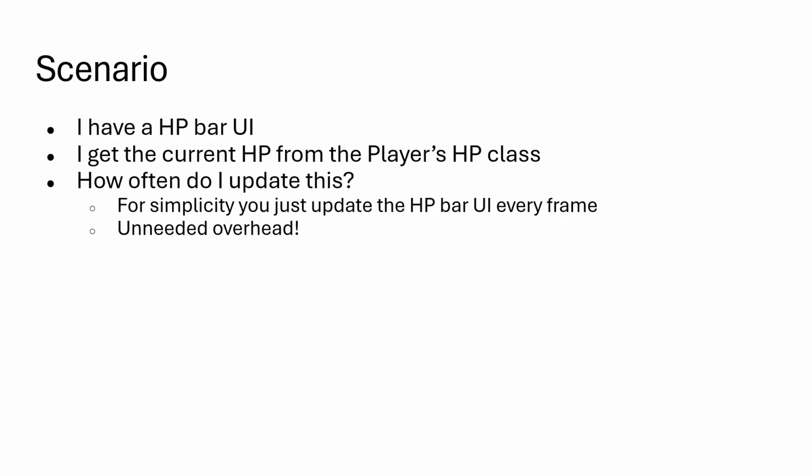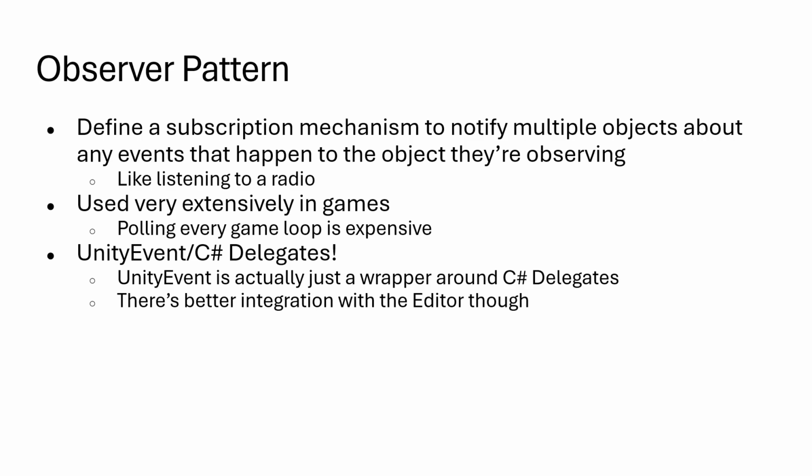So instead, what we do in good practice, and it's not just about updating the UI, it can be used in class-to-class communication, is we do something called the observer pattern, where you define a subscription mechanism where you notify multiple objects about an event that happens.